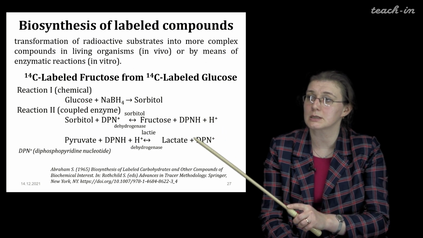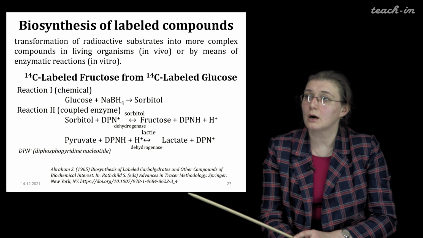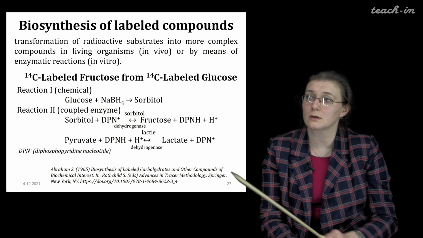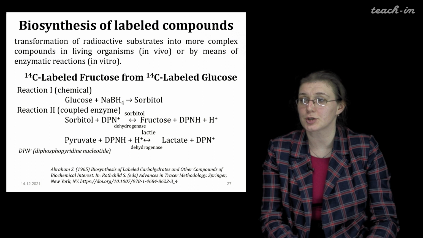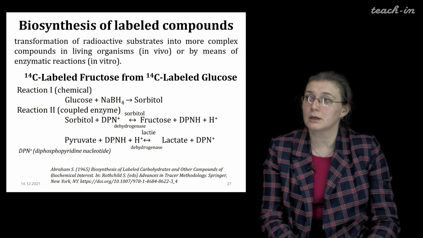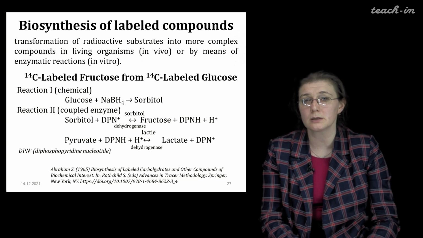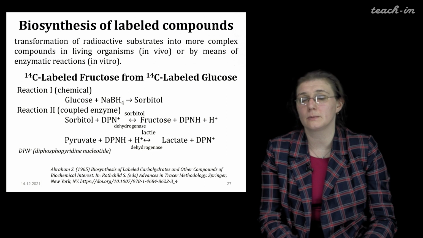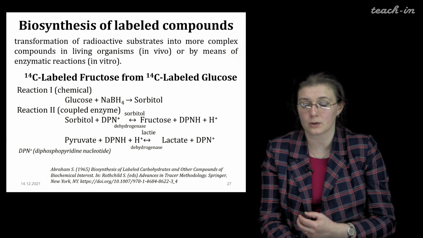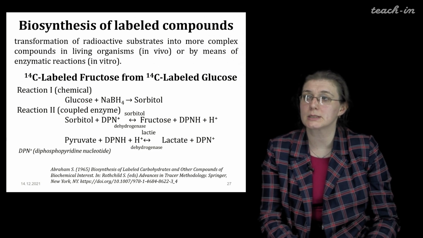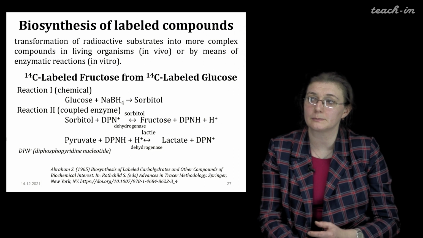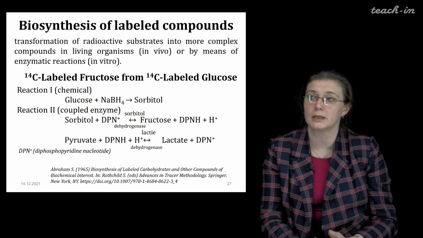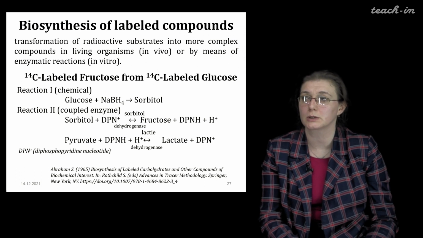This synthesis is carried out in vitro by means of an enzymatic reaction. And this group of methods is widely used if we need a compound with a direct content of label in the final product.